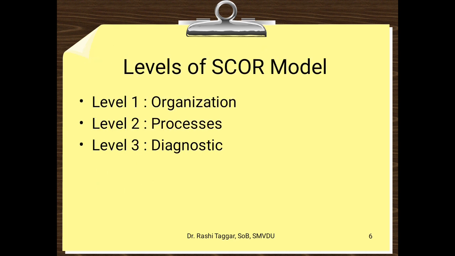The SCOR defines 3 levels. Level 1 has the metrics of organization. Level 2 has the metrics of business processes. Level 3 has the metrics of diagnostic attributes.